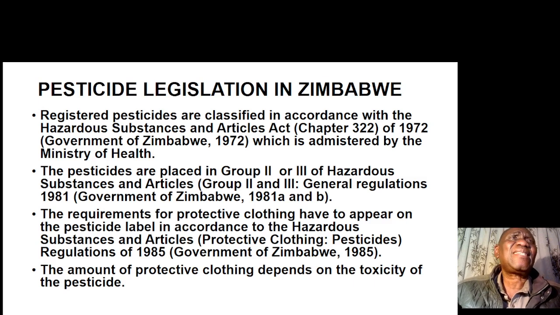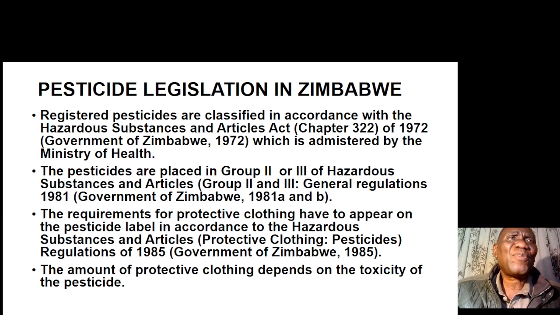So this is how the regulation is stated. Now, the requirements for protective clothing, according to this regulation, have to appear on the pesticide label in accordance with the hazardous substances and articles. Protective clothing, Pesticide Regulations of 1985, Government of Zimbabwe, 1985.